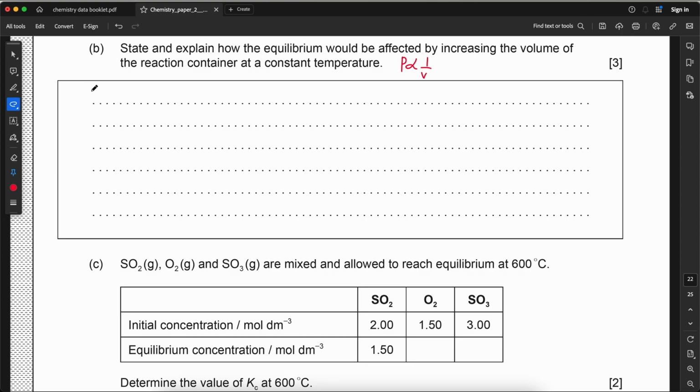So pressure decreases as volume increases. The reaction shifts to the side with more moles of gas when the pressure decreases.